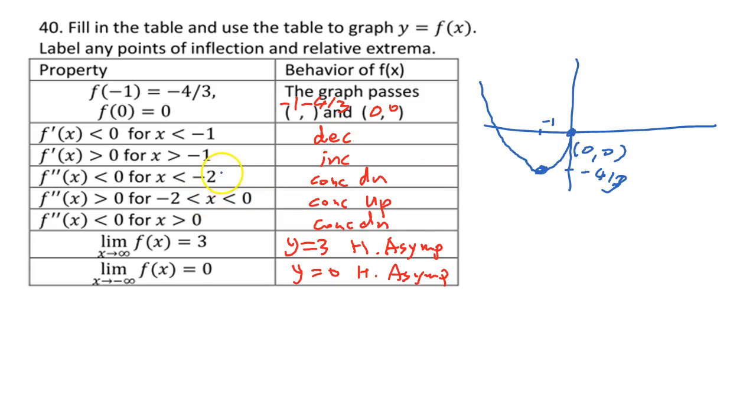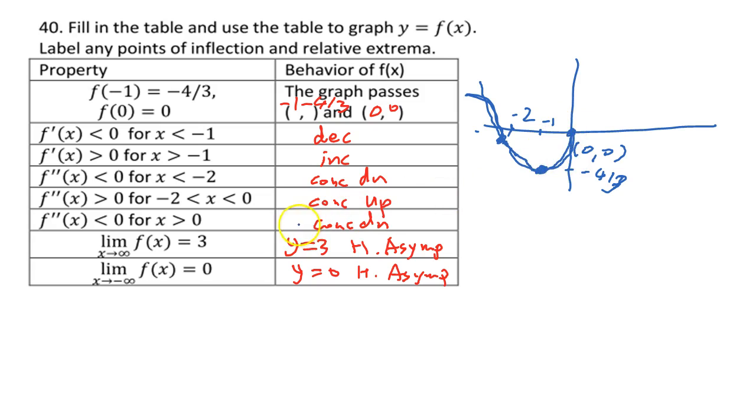It should be increasing continually, okay? There is, however, a change in concavity. Before -2, there's a change in concavity. It should be like this at -2, okay?